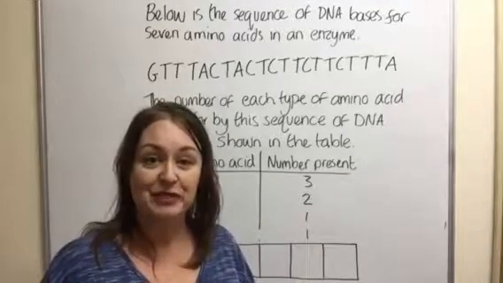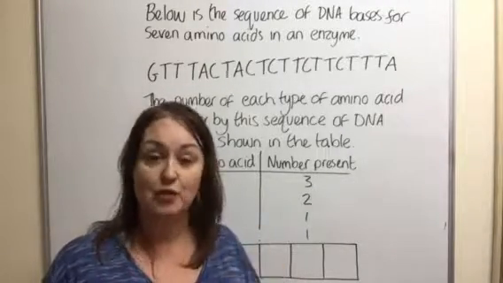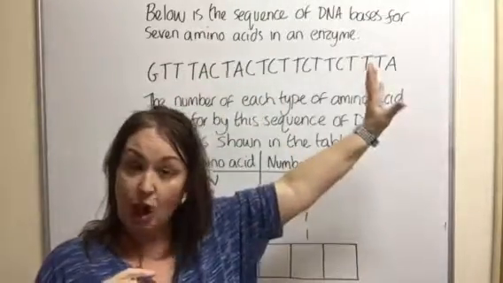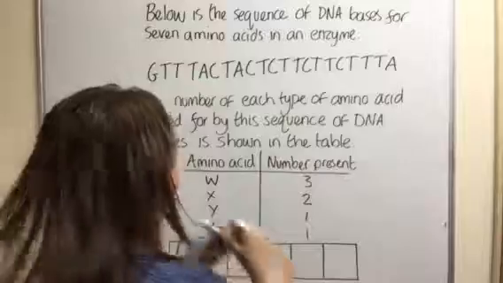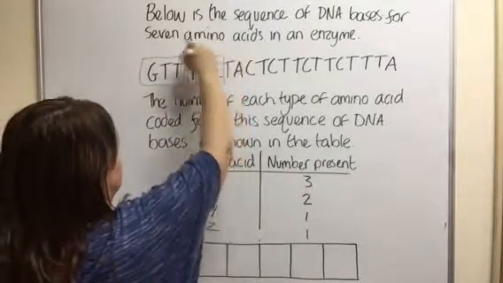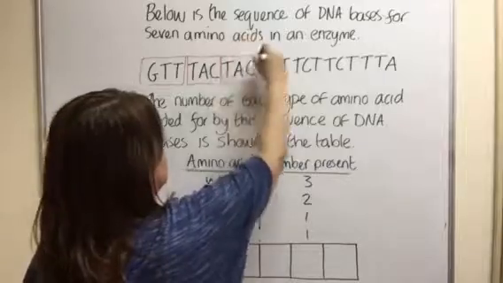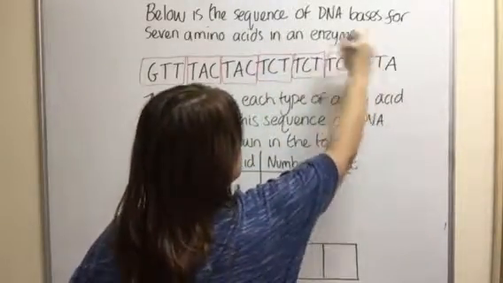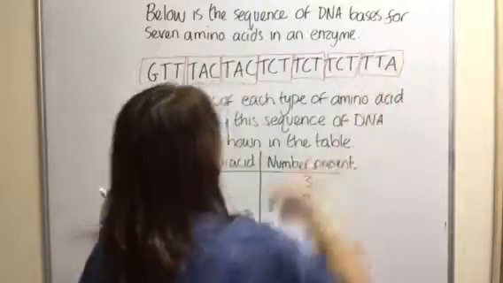Okay, let's work through it. We know that 3 bases code for one amino acid. So let's split our whole code up into the 3 bases. So there's 1, there's 2, there's 3, 4, 5, 6, and 7.